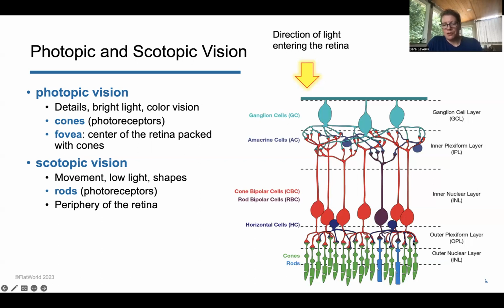So we have our rods and cones, our receptors, and all of these cells work together to combine the information from these various individual receptors and send the information above. Then you have the ganglion cell layer, which forms the optic nerve.